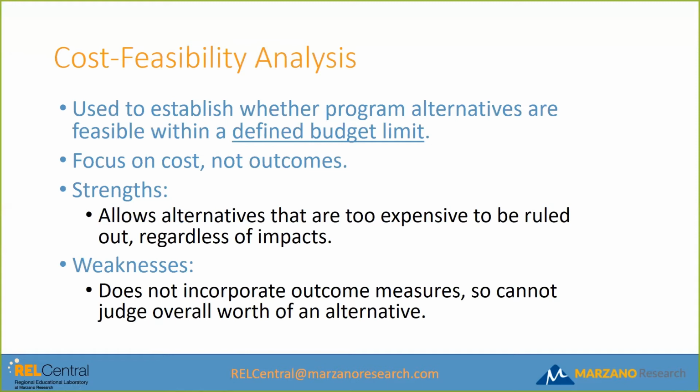One way that you may be able to use this is, say you've got a large number of alternatives, say 8 or 9 or 10. You may set a budget limit which will eliminate 4, 5, 6 of those, and then you could follow up with a cost effectiveness analysis on the remaining 4 or 5 alternatives to find out which would be the most effective among them.